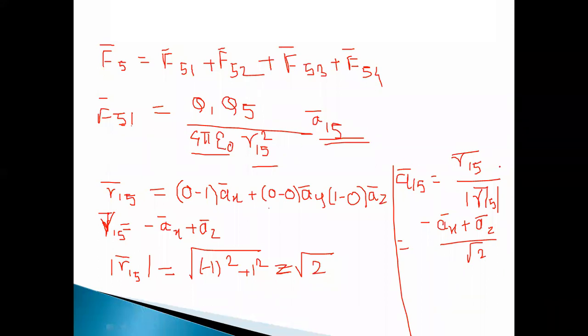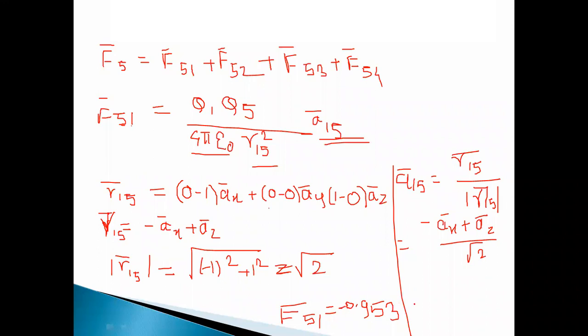Okay, so I'll write here F bar 51 is equal to minus 0.953 into, you simply multiply by the unit vector.